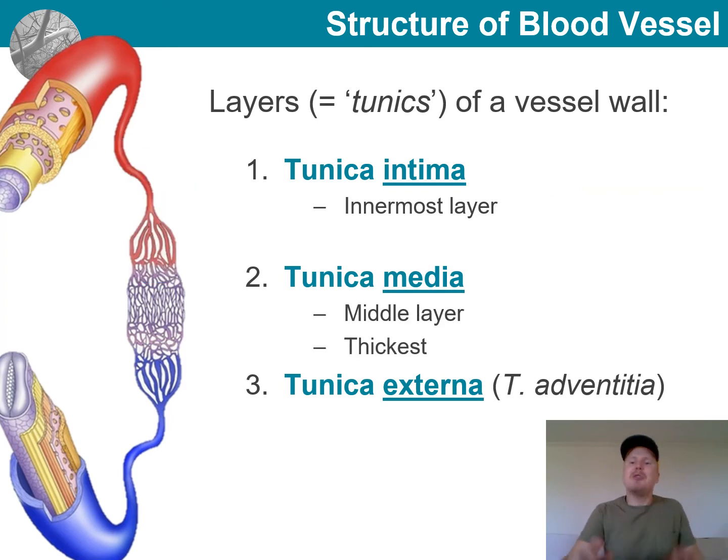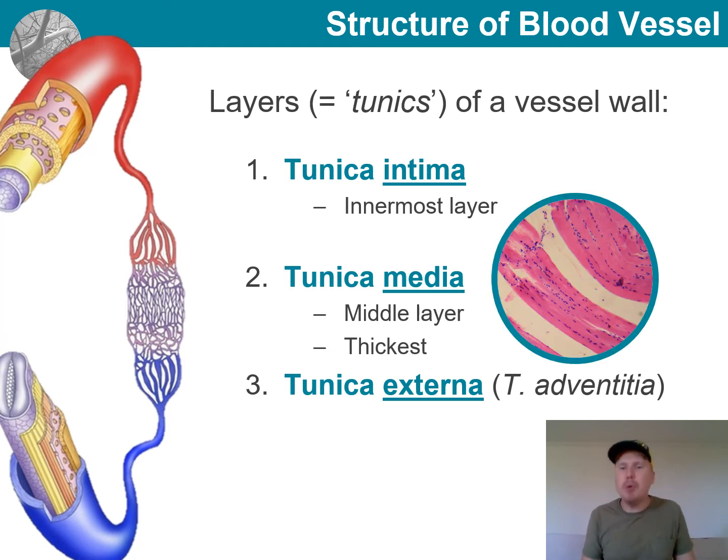Tunica media is the middle layer. Its walls are made of largely smooth muscle and elastin. And this tells us about its function too. Smooth muscle layer around the blood vessel allows us to control the vessel diameter through contracting or dilating.